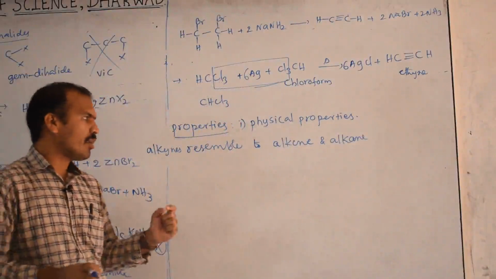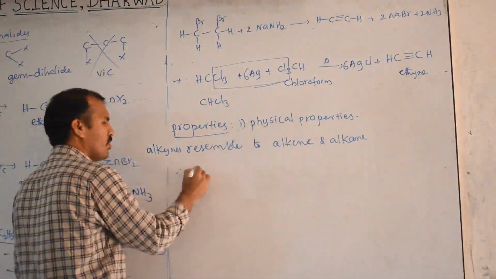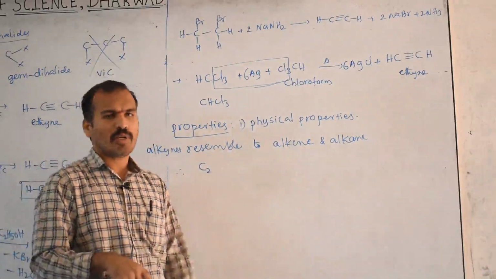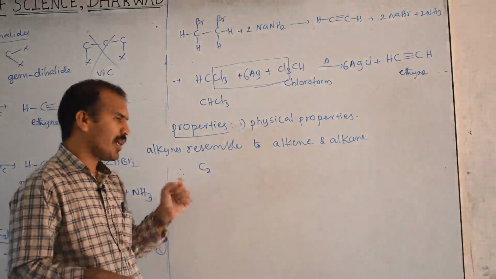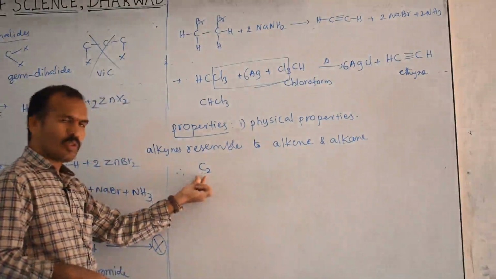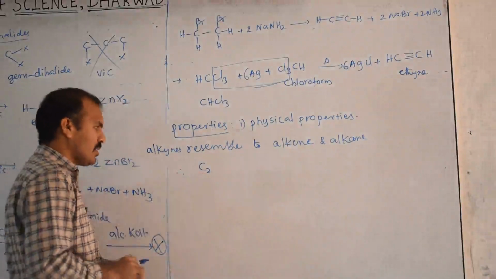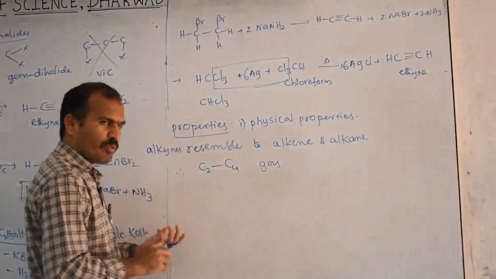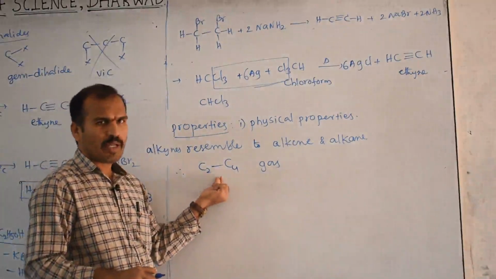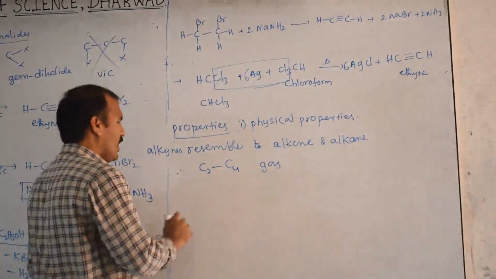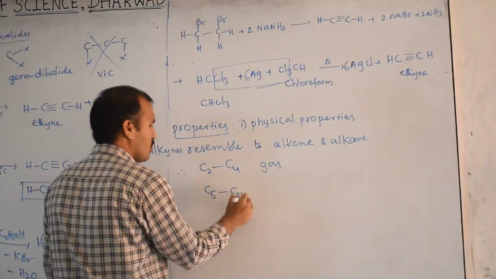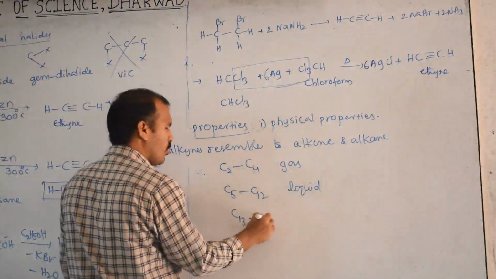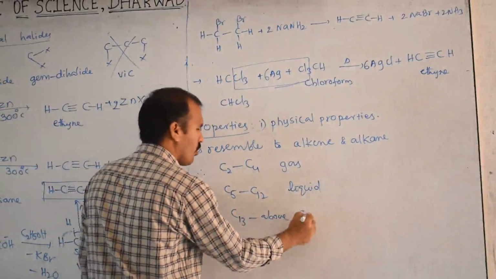Therefore C2, because C1 is not possible here. In the last class on nomenclature I said that a 1 carbon alkyne doesn't exist. Therefore with 2 carbons it is possible. C2 to C4 are gases. C2 to C4 meaning what? Ethyne, propyne, butyne. These are in the form of gas. C5 to C12 are liquids, and C13 and above are in the form of solid.